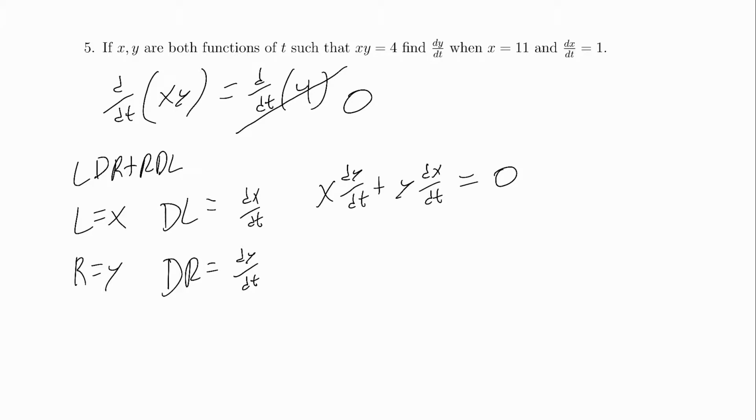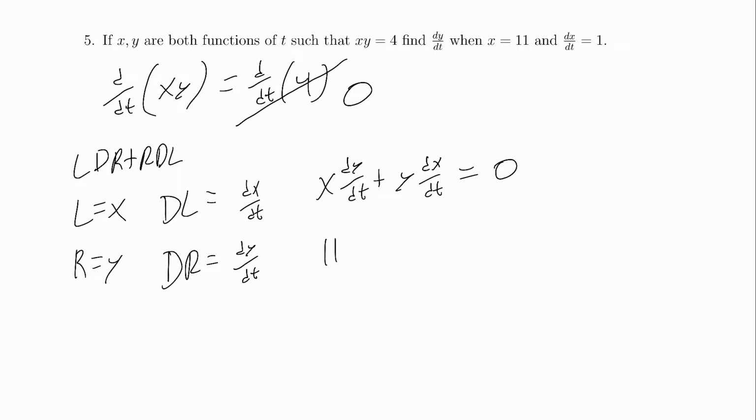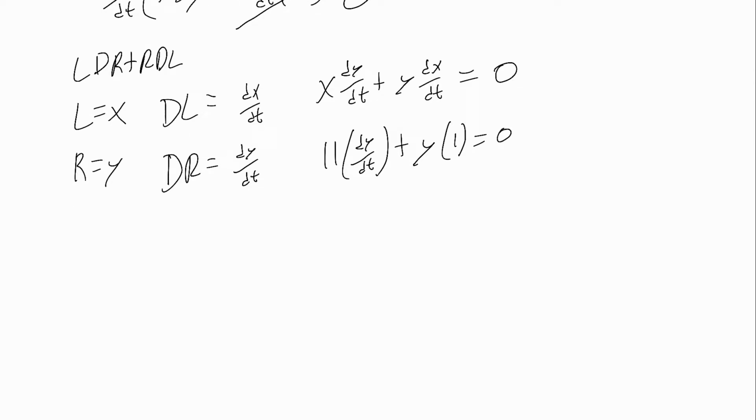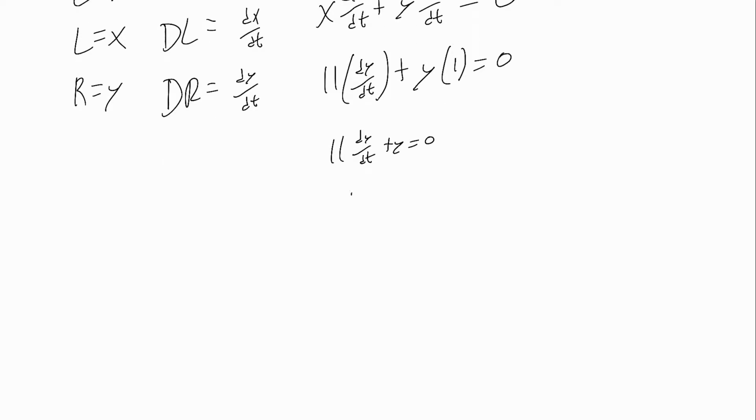We are given that x equals 11 and dx dt equals 1. So we have 11 times dy dt, the thing we're trying to find, plus y times 1 equals 0. So we have 11 dy dt plus y equals 0. So this tells us that dy dt equals minus y over 11.